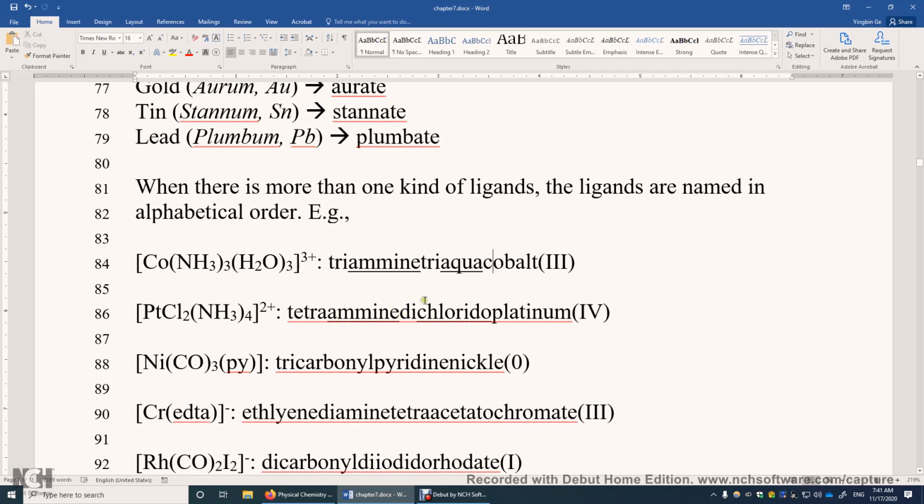When we are looking at the order of the ligands, do not look at those prefixes, di or tetra. Just compare ammine with chlorido. So ammine is in front of chlorido, so it's tetraammine dichlorido.